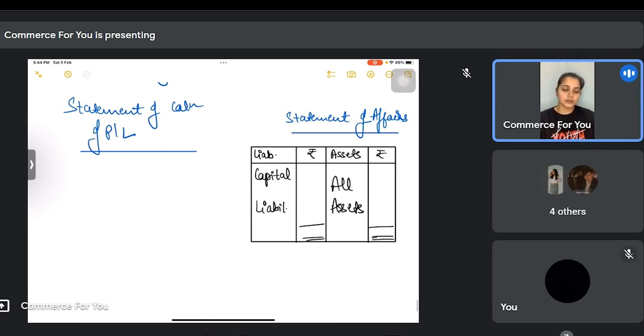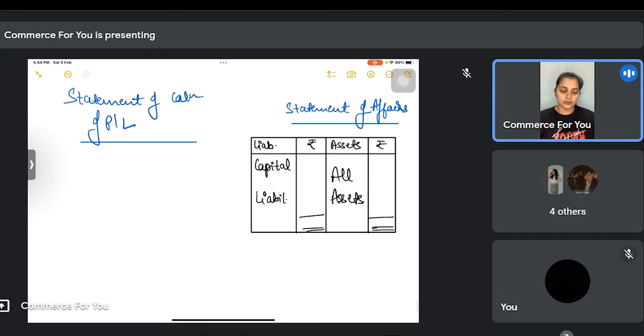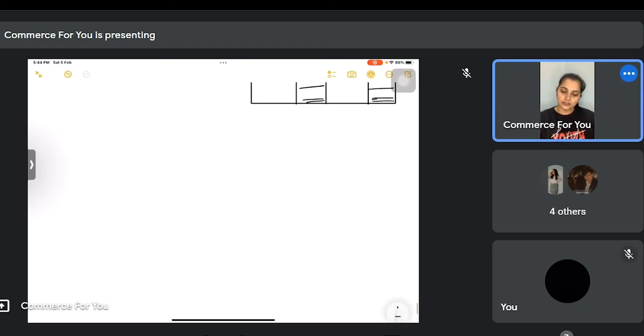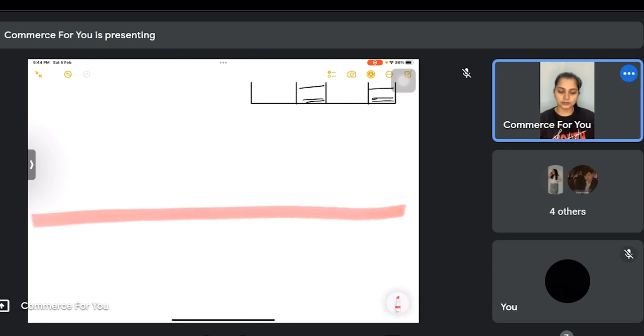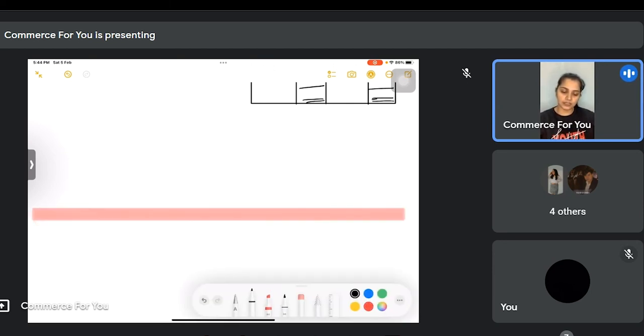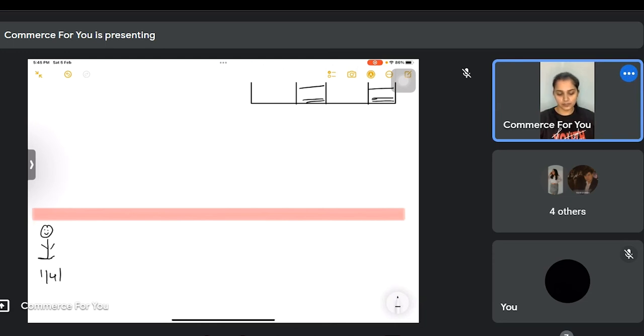Now let's come to statement of calculation of profit and loss. Let's try to understand what is the relation in क्लोजिंग कैपिटल, ओपनिंग कैपिटल और उन सबको आप कैसे रिलेट कर सकते हो फॉर प्रॉफिट एंड लॉस. Again, the same method. Owner is standing here on 1st April, let's say 2021.